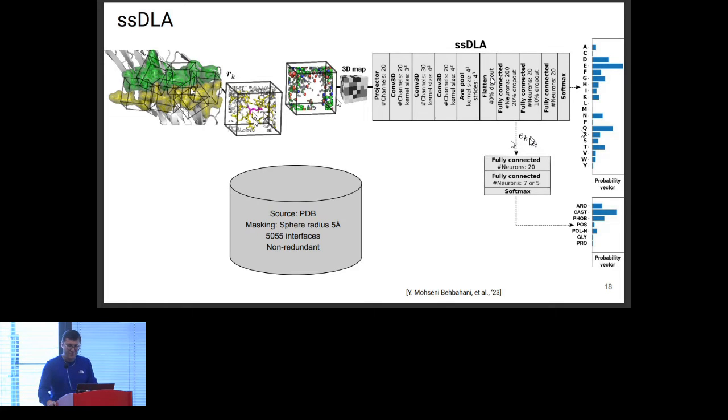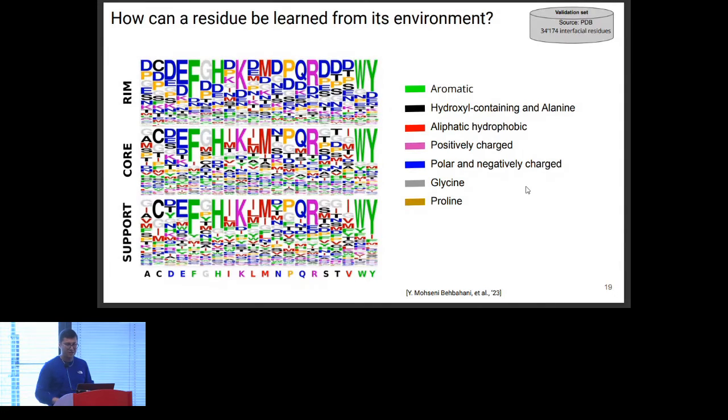So then we wanted to evaluate the performance of SSDLA to see if we can learn a residue from its environment. We created a database of 34,000 interfacial residues. And here is our performance.